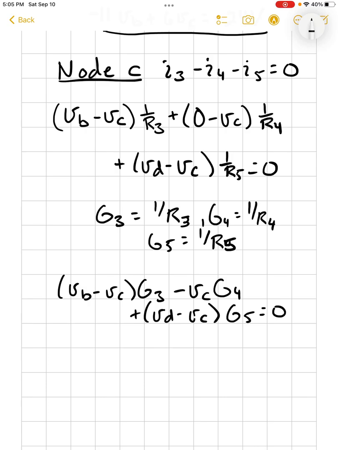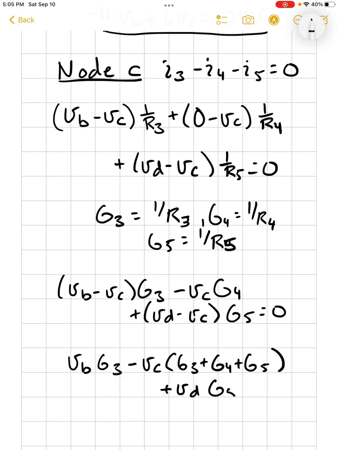So if I rearrange things, I'm going to get VB G3 minus VC times G3 plus G4 plus G5, then plus VD times G5, and that equals 0.